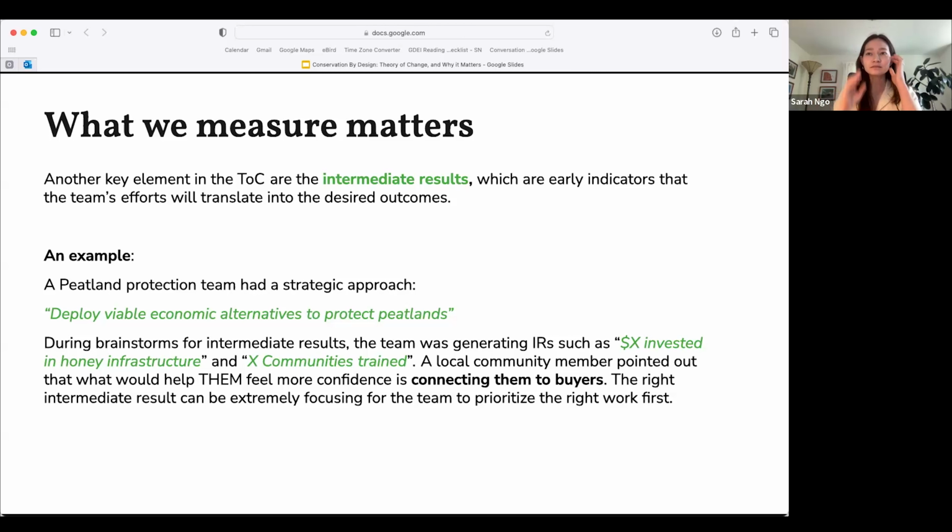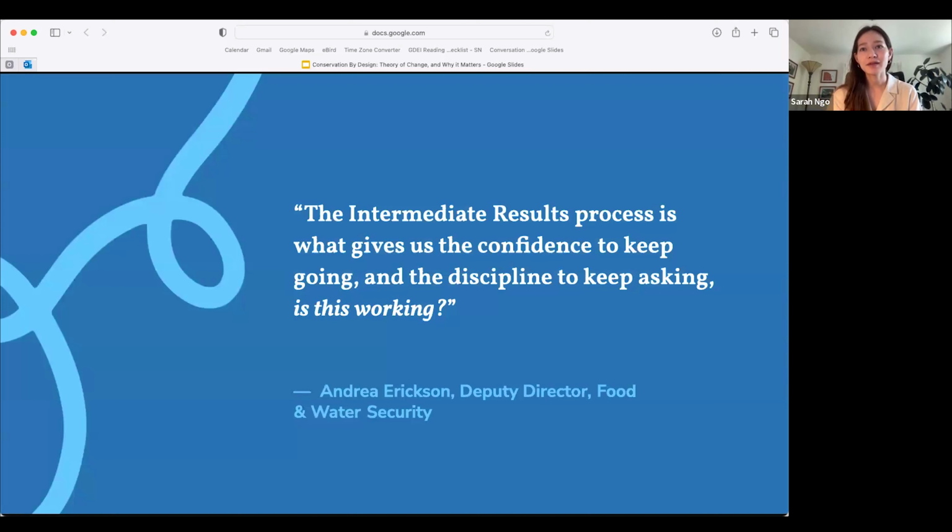And so it's a really great example of how, by picking the right intermediate result, you can imagine a really different set of activities being prioritized by this team if they had a different intermediate result. And so a great quote from Andrea Erickson, that the intermediate results process is what gives us the confidence to keep going and the discipline to keep asking, is this working?